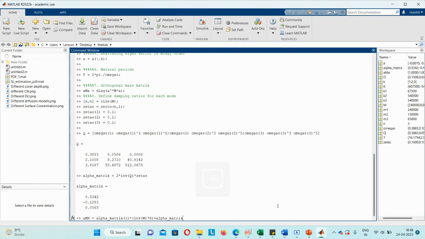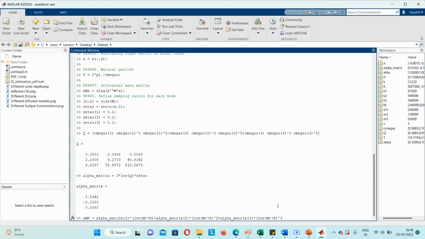alpha matrix 2 into inverse of M into K square, plus alpha matrix 3 into inverse of M times K cube.